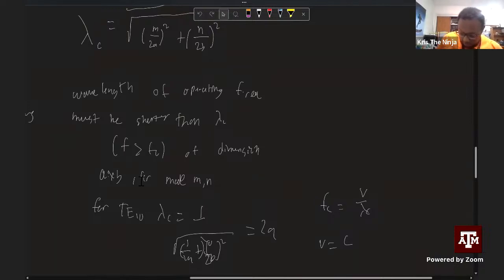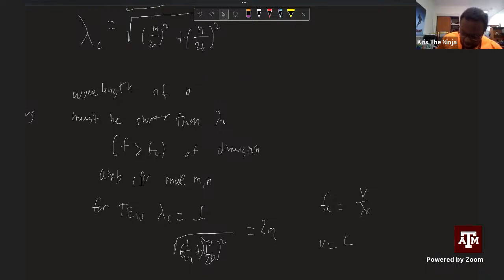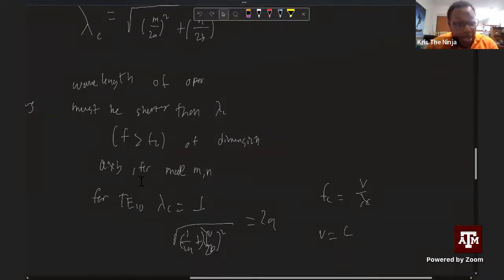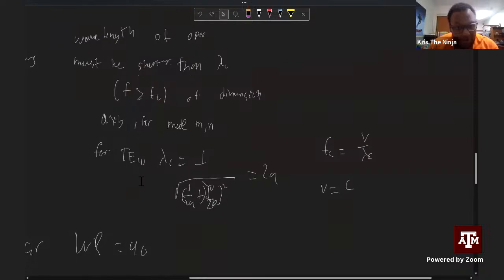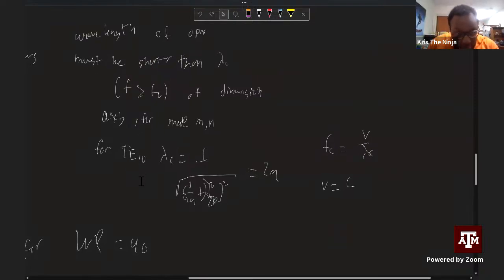Now, wavelength of operating frequency. Let me clean this up so y'all can read it. The wavelength of operating frequency must be shorter than lambda c. That's basically to say that the operating frequency must be larger than the cutoff frequency of the dimensions a and b for the mode mn.